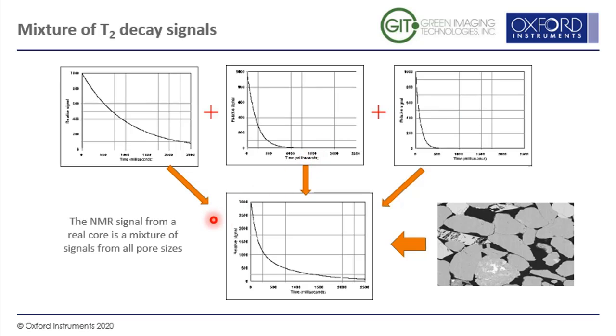The resulting signal is a composite of all the signals from the pores in the rock, in theory, one for each different pore size. What we need is some way to go back from this composite signal to work out how much of each separate T2 signal is in the composite signal. This will tell us something about the spread or the distribution of T2s in the sample.